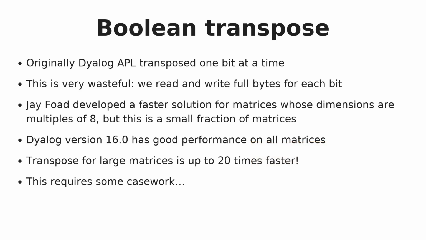When Dyalog APL was first created in 1982, the developers did not have the time, the machines did not have the disk space to have a different algorithm for transposing every type. So instead, the way it was done is they had a function to read a bit from an array, and they would initialize on the type, and it would put that function pointer somewhere.